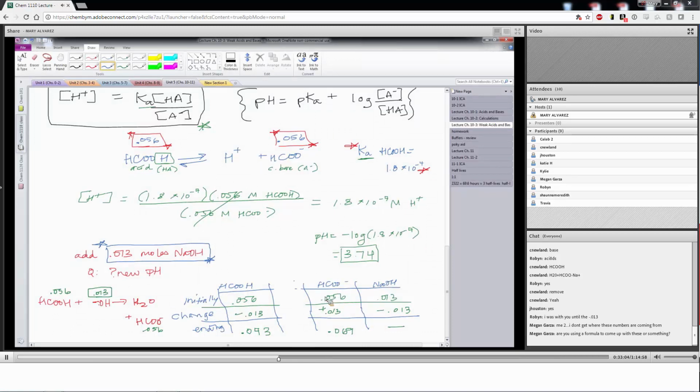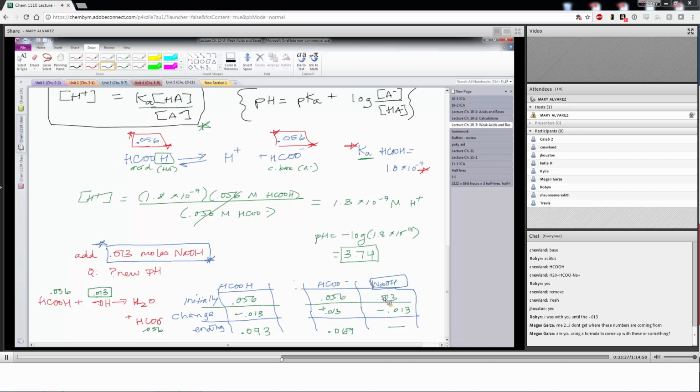And then to this buffer system, I told you, 0.013 moles of sodium hydroxide. And so we put this to say, hey, initially, this is what we've got in our system. And then the important thing, kind of the hard part with buffers, is to recognize how adding this acid or base is going to affect a change.